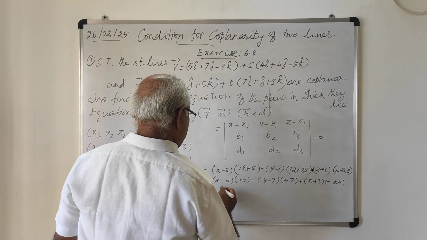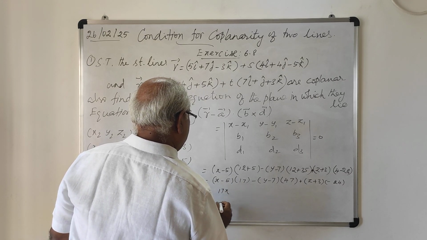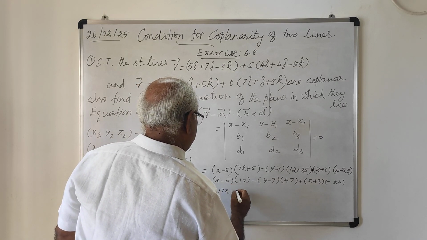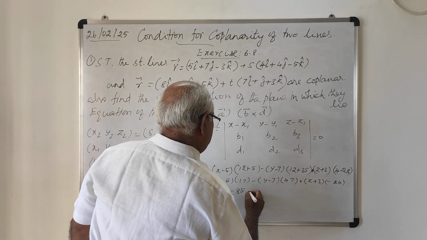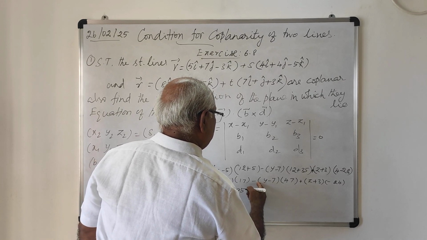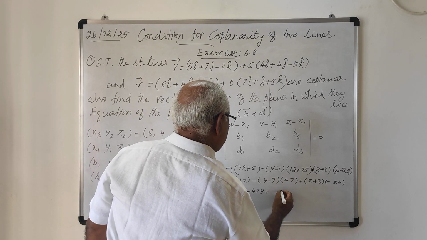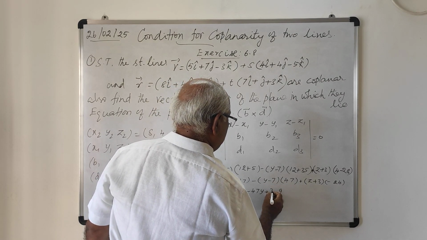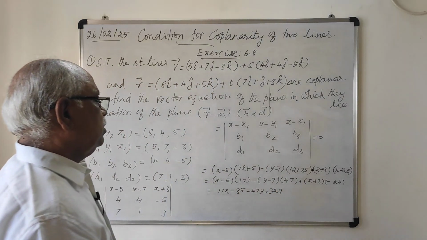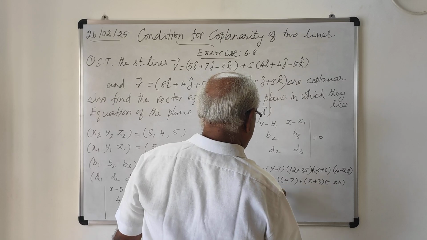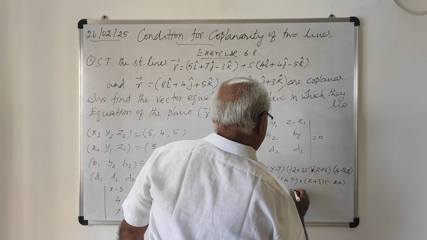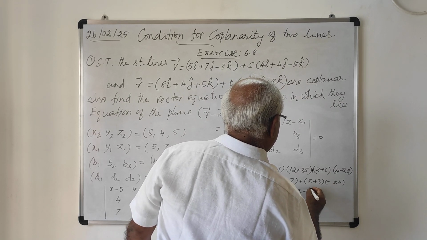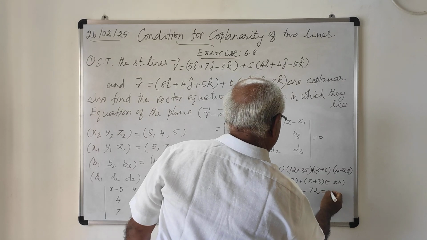So the equation becomes x minus 5 into 17, okay? 17x minus 85, minus 47y, minus of minus, plus 7 7s are 49, 329, and plus minus 24 z, minus 72, okay, equal to 0.